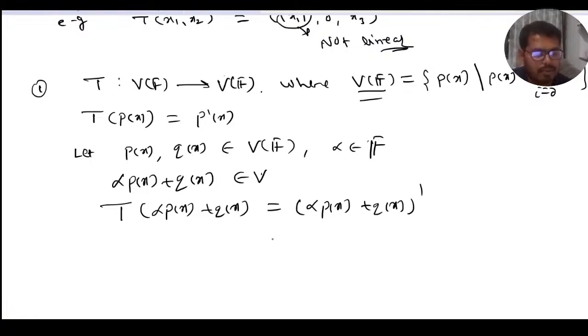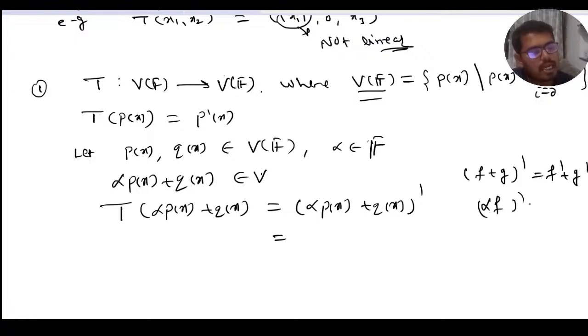You already know that the derivative of f plus g is always equal to derivative of f plus derivative of g. Then alpha times derivative of f is equal to alpha times derivative of f. Alpha is a constant, therefore keep it as it is.